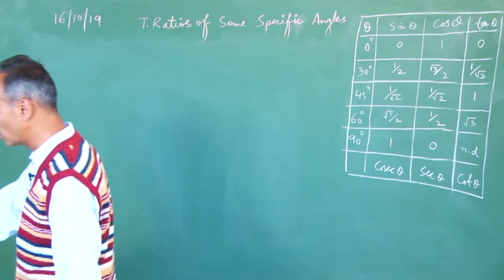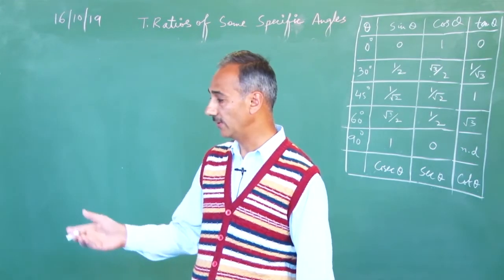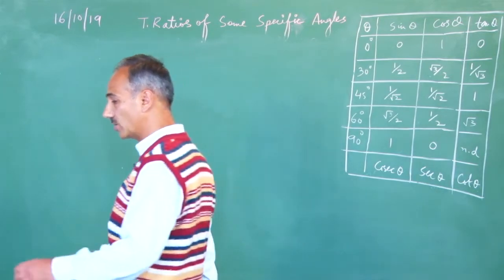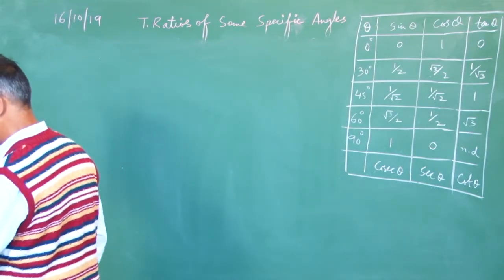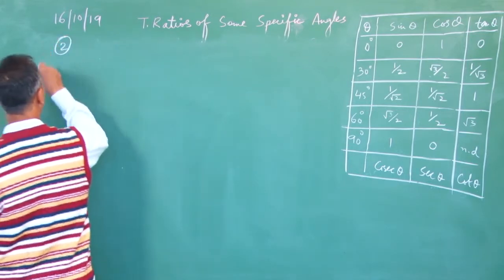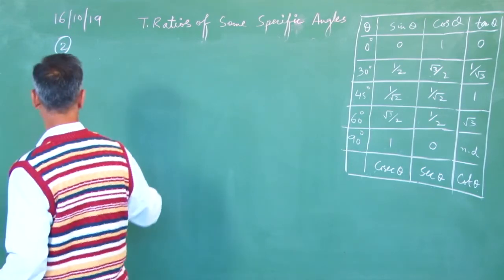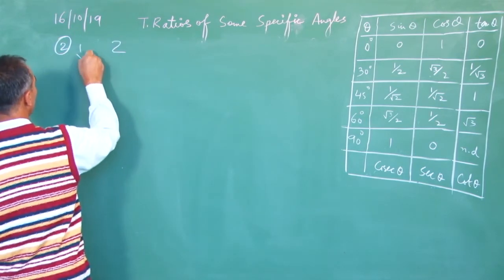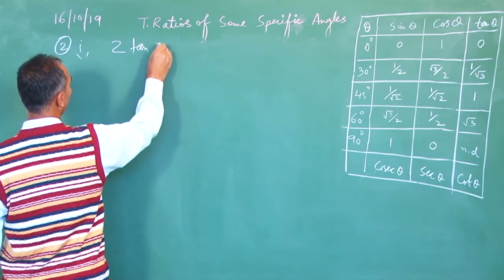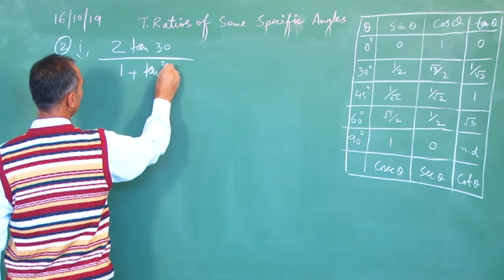This is question number 2. This is an MCQ sum. We'll find the value and see which option matches with the correct answer. It says choose the correct option. This is question number 2. 2 tan 30 upon 1 plus tan square 30. First part, 2 tan 30 upon 1 plus tan square 30.